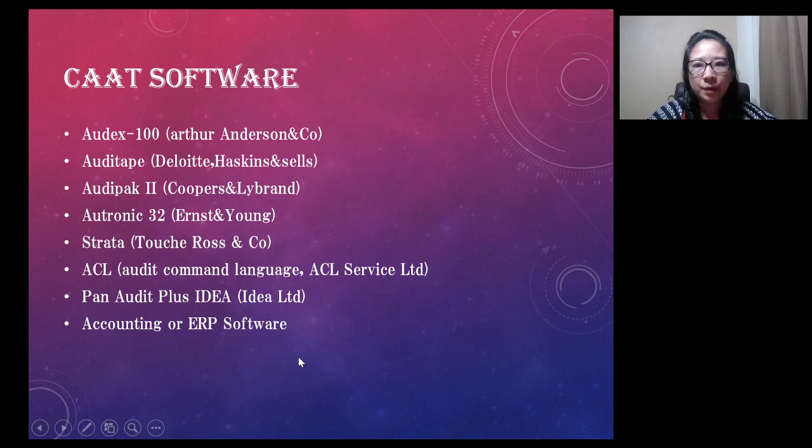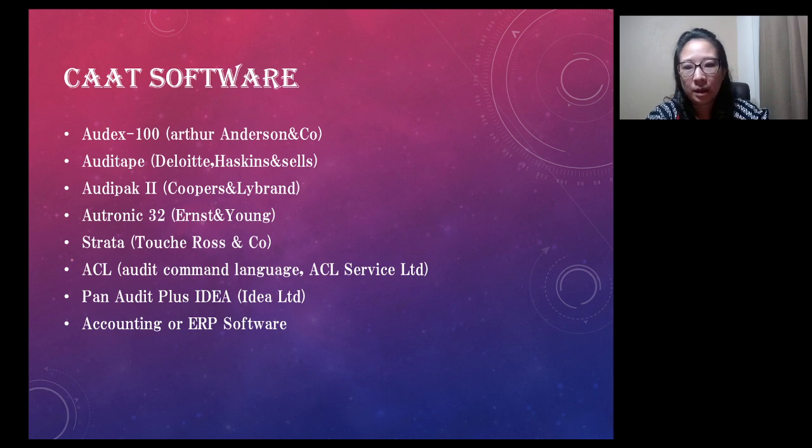Okay, so these are the several CAAT software that are already usually used by audit companies. We have, for example, Arthur Andersen and Co, Deloitte, Coopers, Ernst and Young, and usually each audit company already has the CAAT software that they usually use.